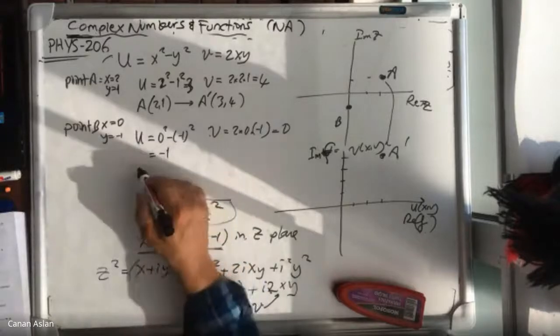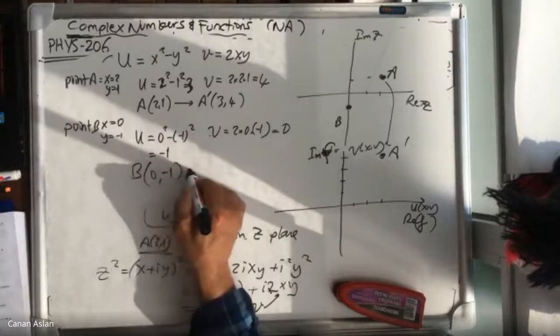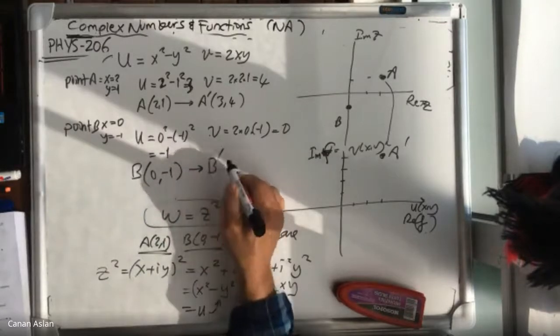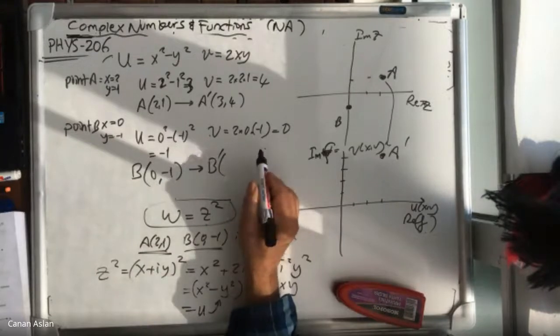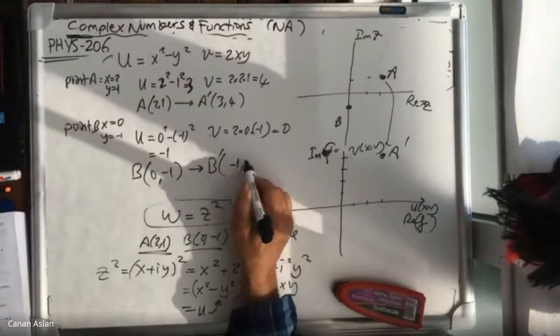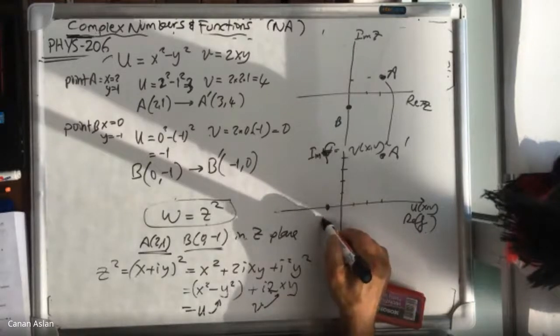So for point B, (0, -1), we have B prime on the complex plane. This point corresponds to (-1, 0). Let's put that in here, minus 1 and 0 right there, B prime.